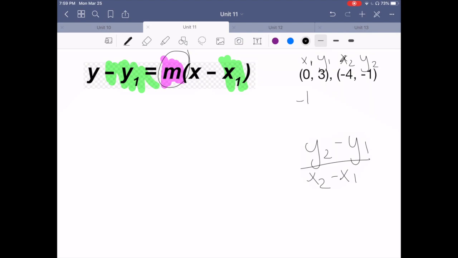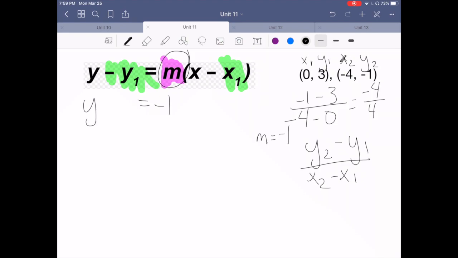We have -1 minus 3 over -4 minus 0, which gives us -4 over 4, which is -1. So m equals -1. So I'm going to plug that in right here.